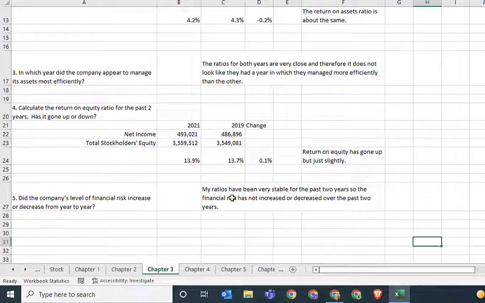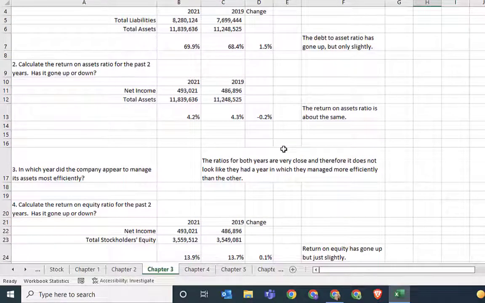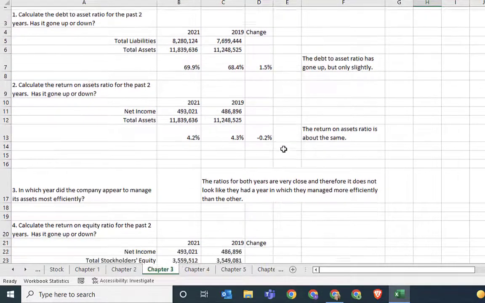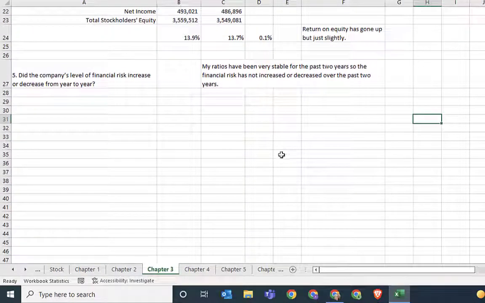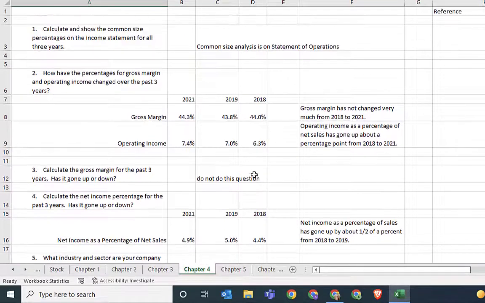Chapter 3, again, all my ratios stayed pretty much about the same. So I think it's a very stable company. And if I look at my gross margin percentages, they haven't changed very much.